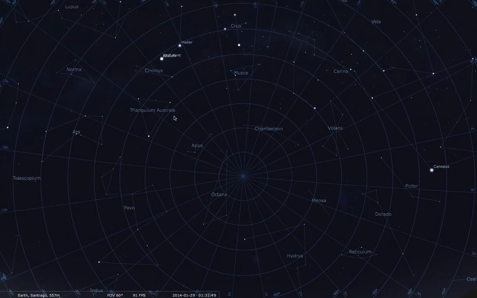Oh, because it's here. So they tend to use the long arm of the Southern Cross, which points, if you can see, almost directly at the South Celestial Pole.